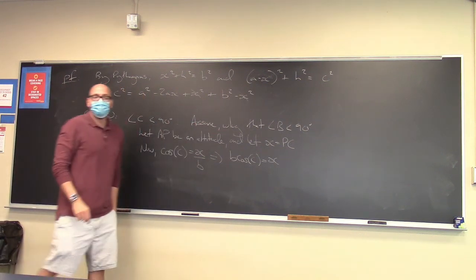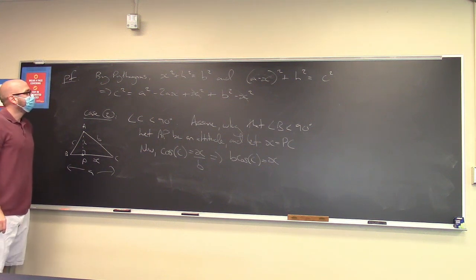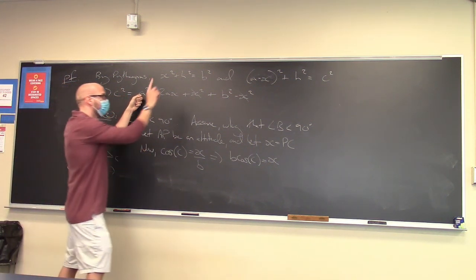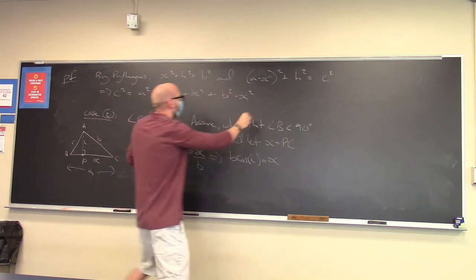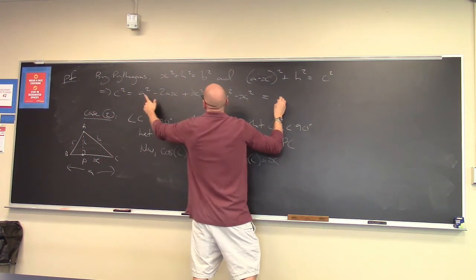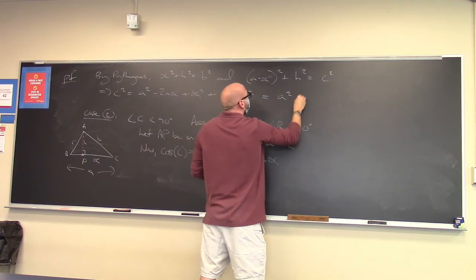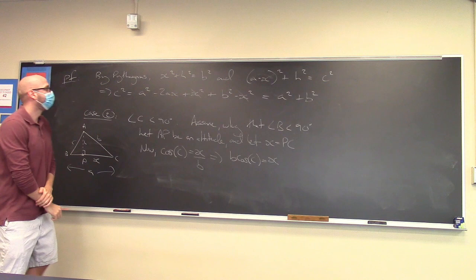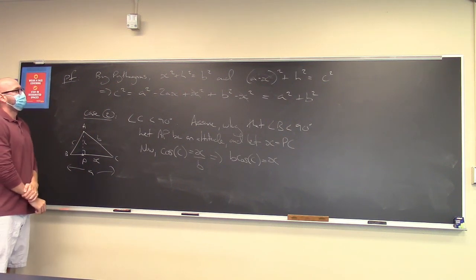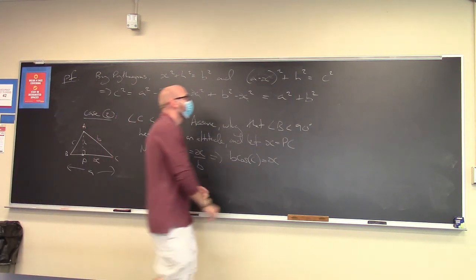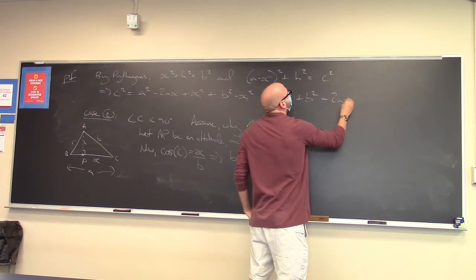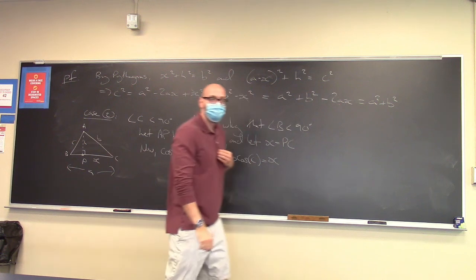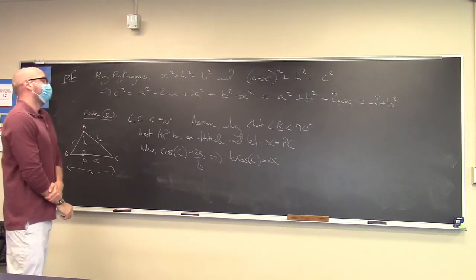So those cancel. The x squareds go away. I'm trying to prove the law of cosines, which says c squared is a squared plus b squared minus some correcting terms. So let's rearrange the order that we've written this in. This would be a squared plus b squared minus 2ax, and now we're done.